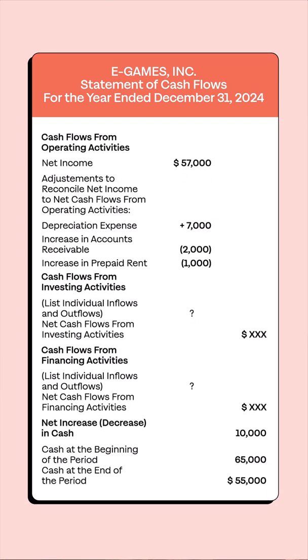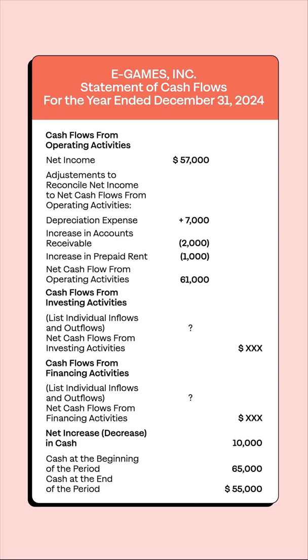Great Tools also had a prepaid rent increase of $1,000 during the year. In prepaying $1,000 towards rent without incurring a corresponding rent expense, Great Tools reduced the amount of cash available by $1,000, but the net income was unaffected by this transaction. To adjust for cash being lower by $1,000, we subtract the increase in prepaid rent from the net income.